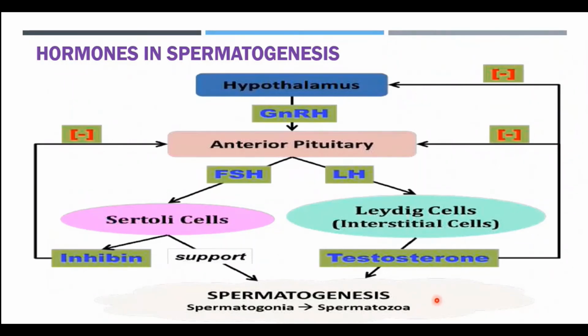Okay. At the same time, when the Sertoli cells are stimulated by the FSH, the Sertoli cells will support spermatogenesis. The Sertoli cell will facilitate the process of spermatogenesis. How? By providing nutrients, by providing protection, by providing mechanical support. Okay, so all of this will enhance the production of the sperm.